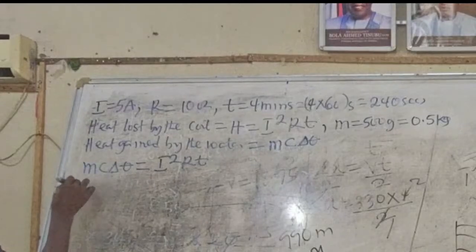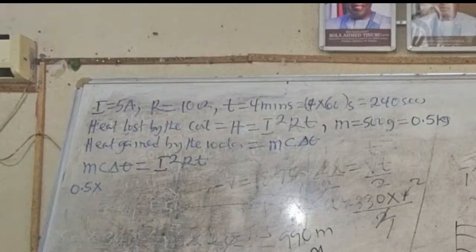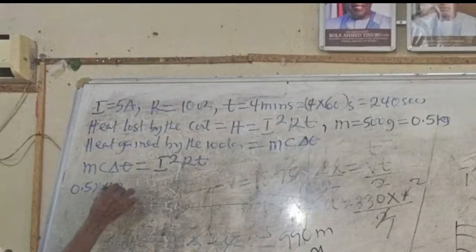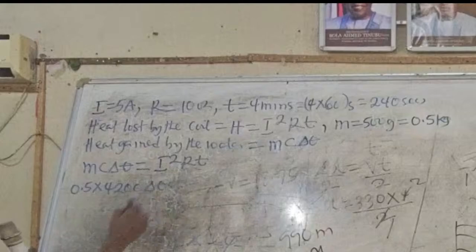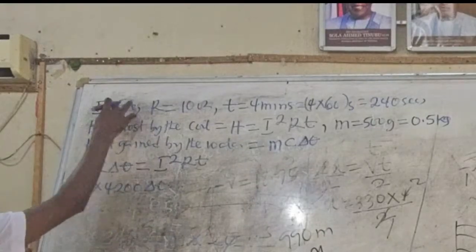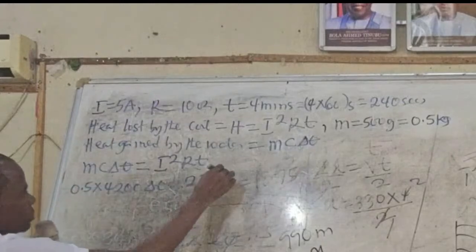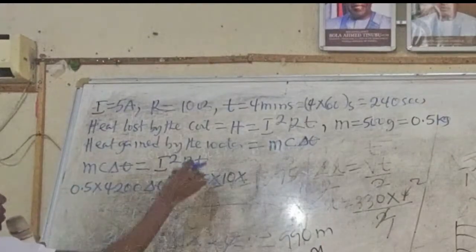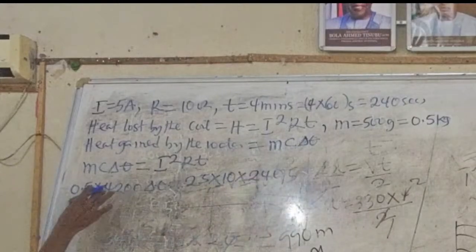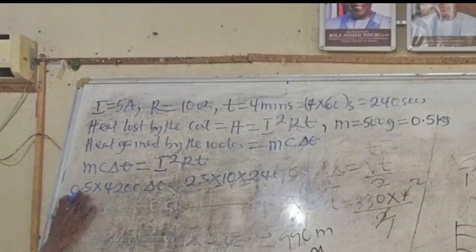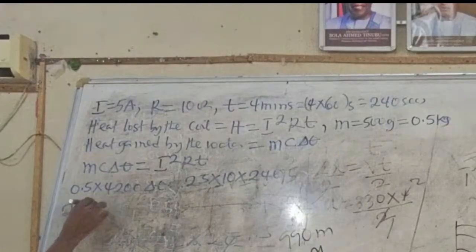Now we are ready. So M now, that's 0.5, times C, that's the specific capacity of water, that's 4,200, times delta theta is equal to I squared, that's 25, times R, that's 10, times T, that's 240. So what is 0.5 times 4,200? 2,100.